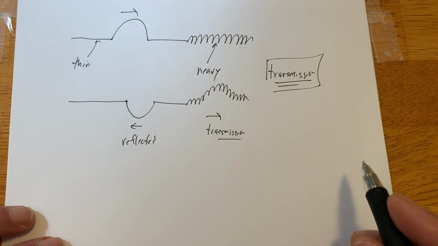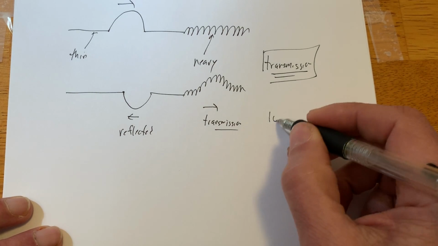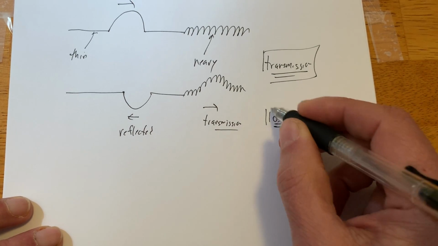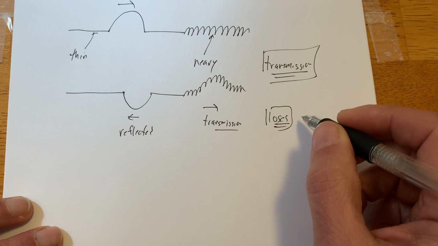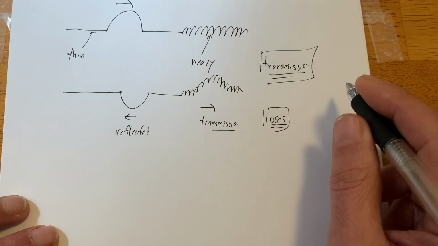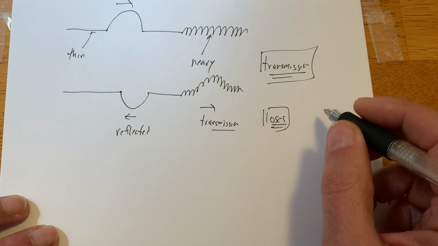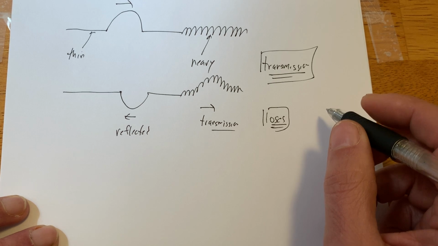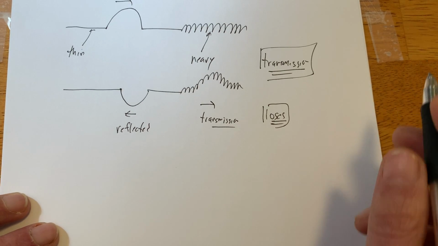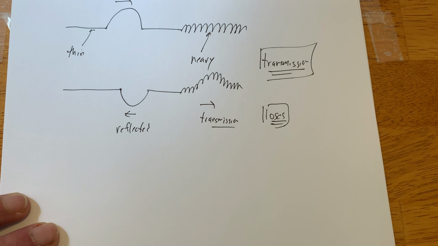Well, just friction. So we get losses, and what do we call it? It's just absorption. Some of the wave is just absorbed in the medium. If I yell as loud as I can, someone who's a mile away is not going to hear what I say. Why is that? Because some of the energy is just absorbed in the medium.